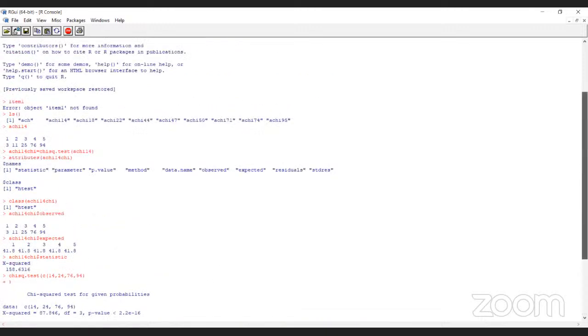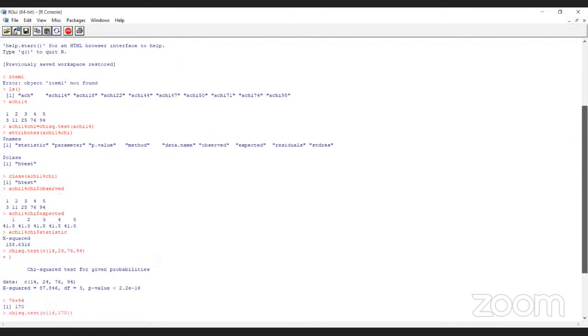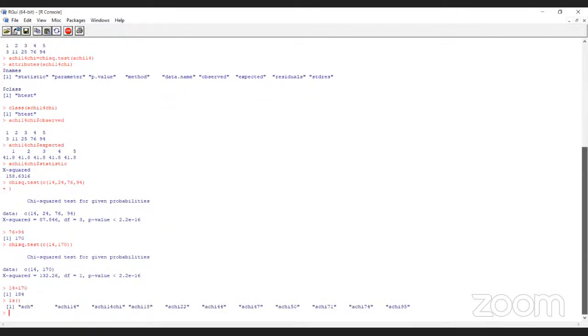So now you do the analysis for the other one. So HI4 chi, it is already there. Again, you create another one that is HI18 chi. You write H18 chi.